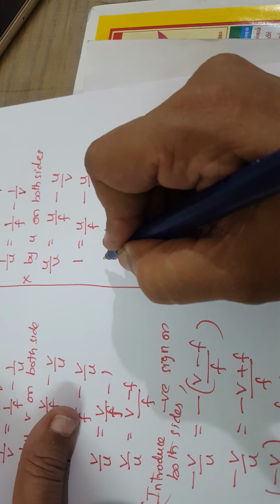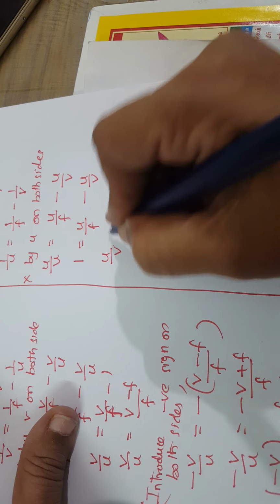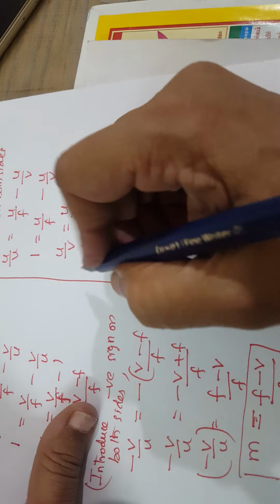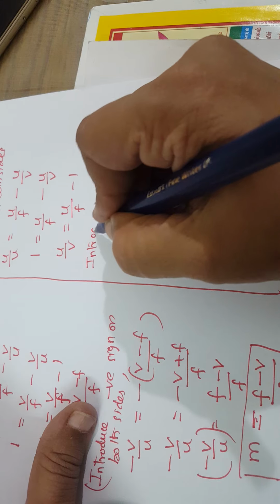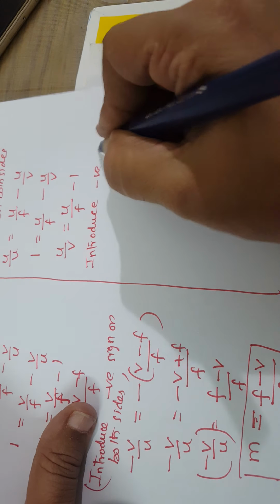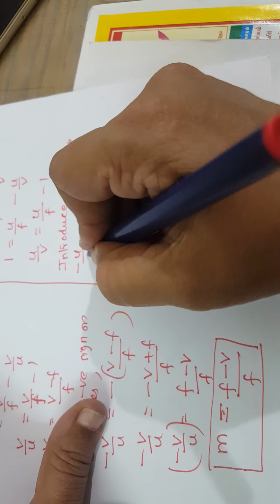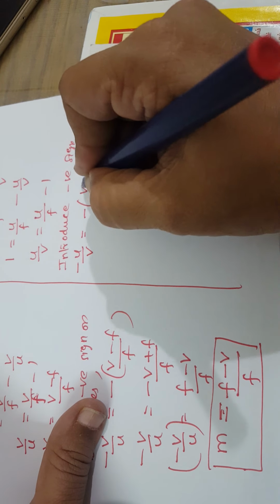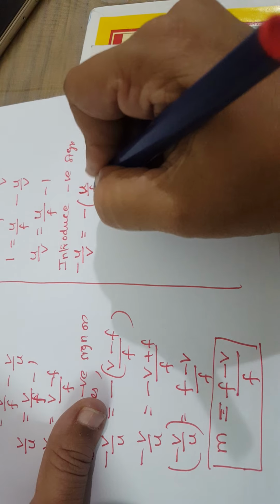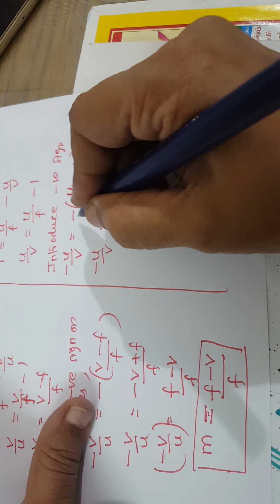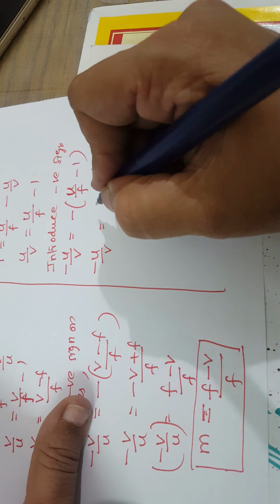So u by v is equal to, rearrange, u by f minus 1. Now you introduce a negative sign. So minus u by v is equal to minus u by f plus 1. Take the negative sign inside the bracket.